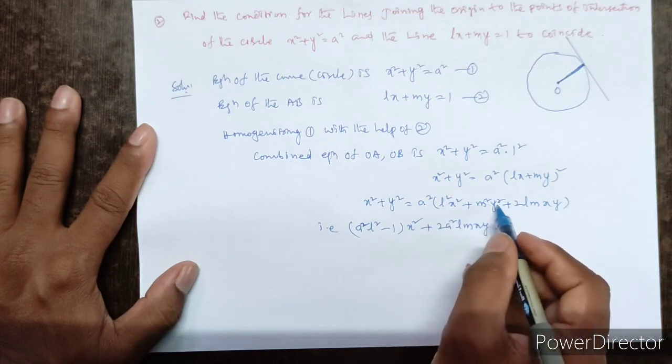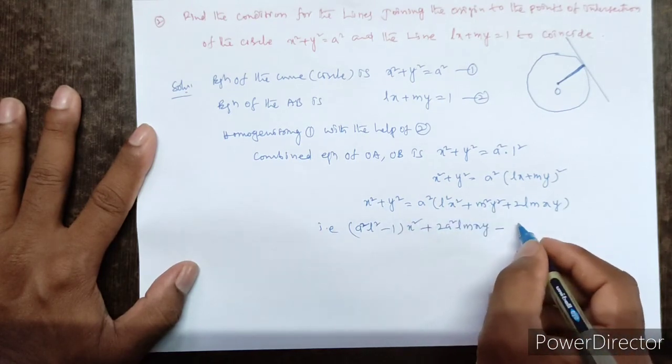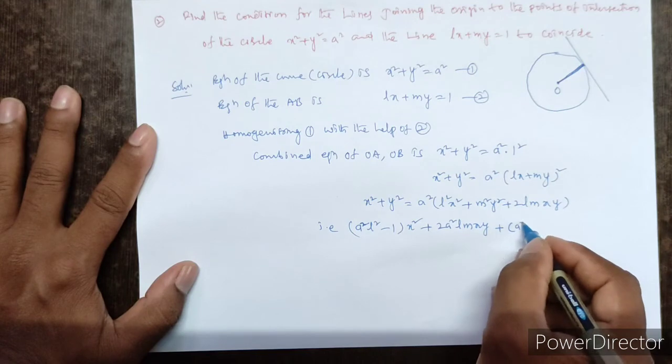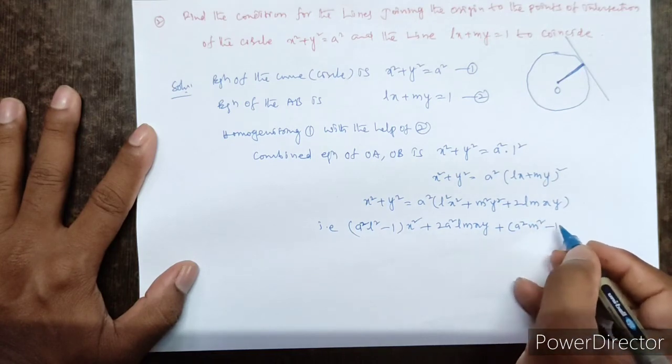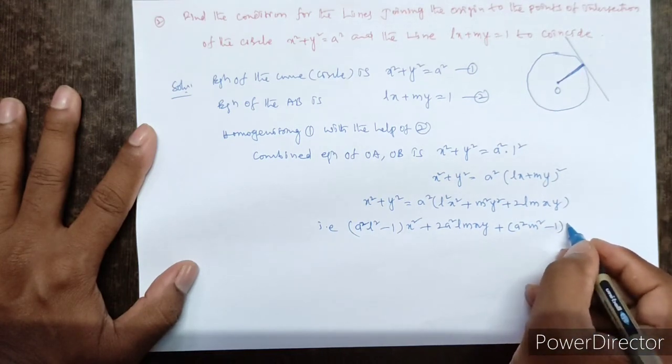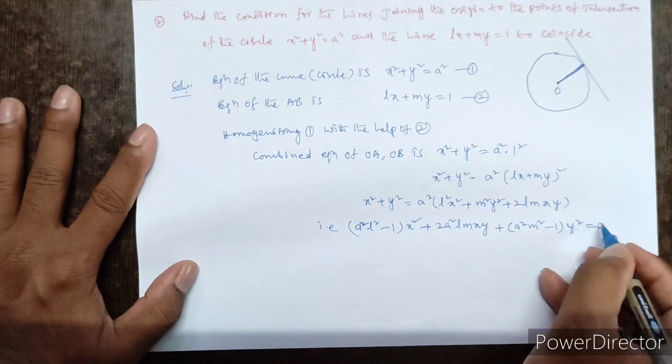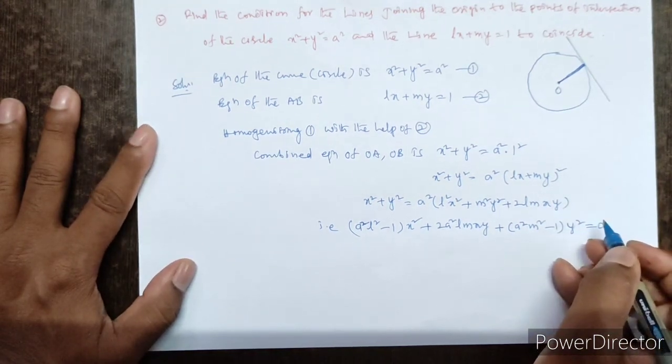Next, a square m square minus 1 of y square equal to 0.